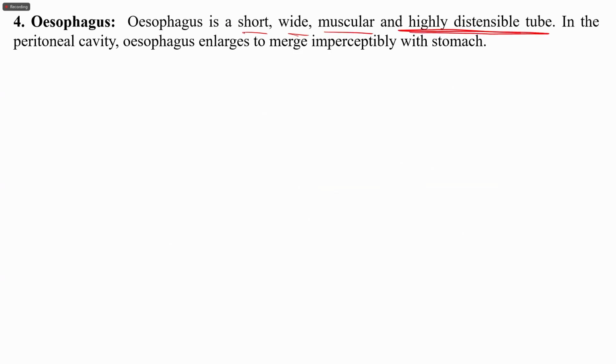The food passes through this tube, and it allows the movement of food from the mouth to the stomach. So it provides the passage to the food from the mouth to the stomach.